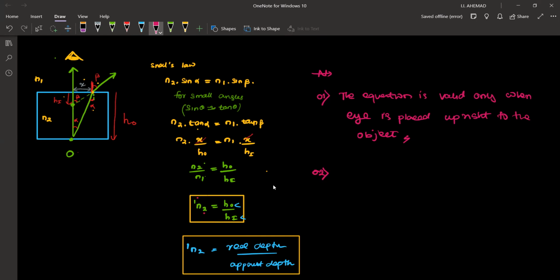So that is the equation for the refractive index.